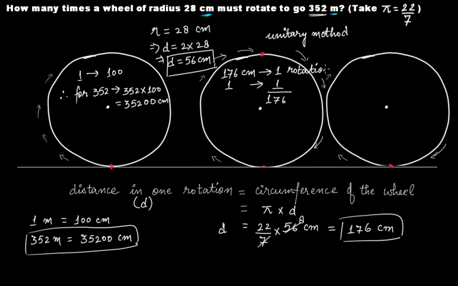Therefore, for 35,200 centimeters, what will be the number of rotations? This will be 1 over 176 times 35200 rotations.